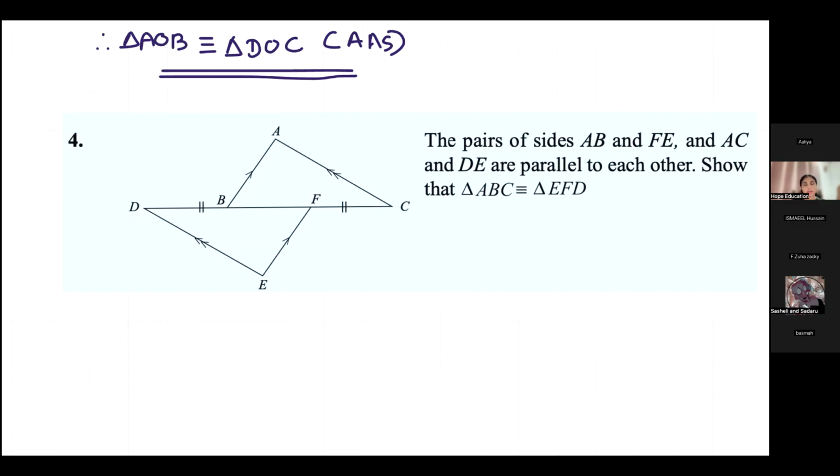Anybody who needs more time? Miss, can you give me 1 minute? Yeah. I think the others also. Okay, I will give you 2 more minutes. Because this question, it's okay to take a little bit more time. Okay, quickly do.